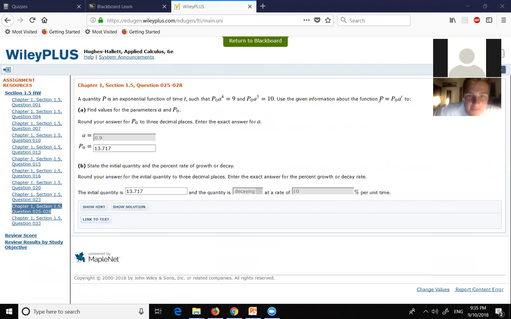Okay, so for any exponential function, if they give you two values for two different times, then you can just take the ratio between those two values. I can write P naught A4 equal 9, and then divide by the other one, P naught A3 equal 10.